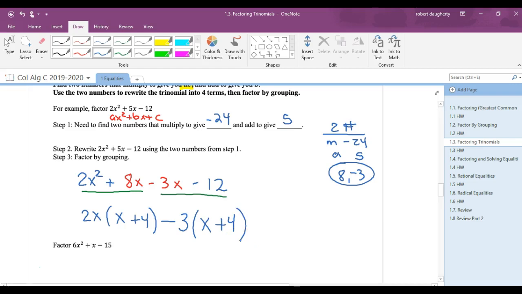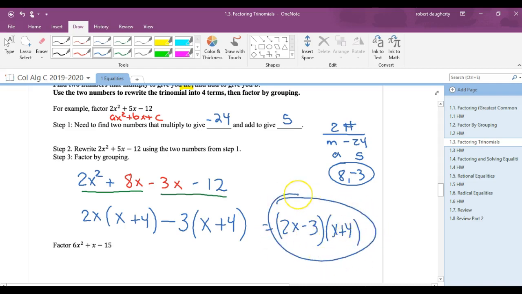Now, how does this factor? Yeah, this is 2x minus 3 times x plus 4. So this case is a little bit harder, an extra step. You do a similar thing: find two numbers that multiply to give you this number times this number, and add to give you the middle number.